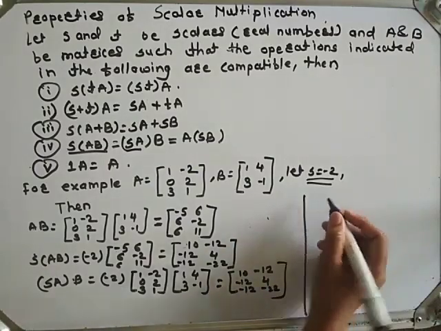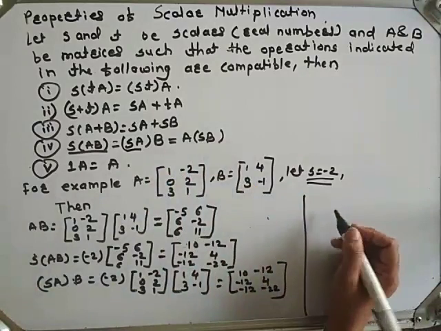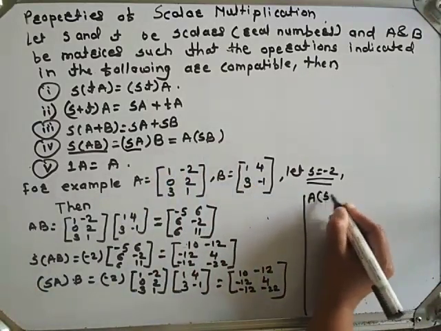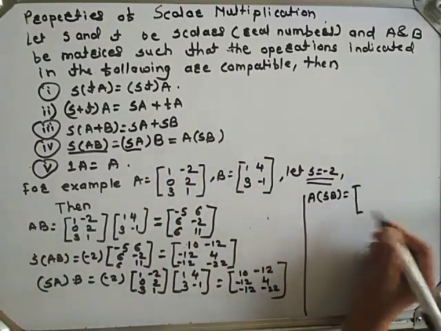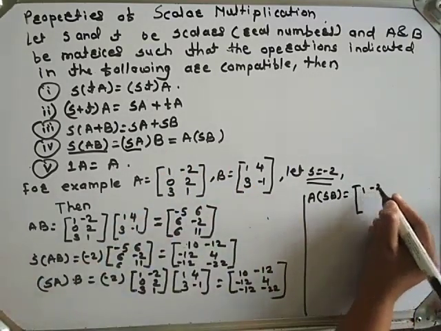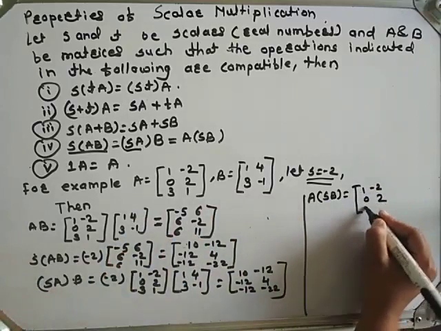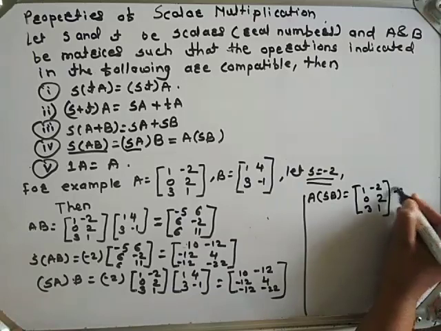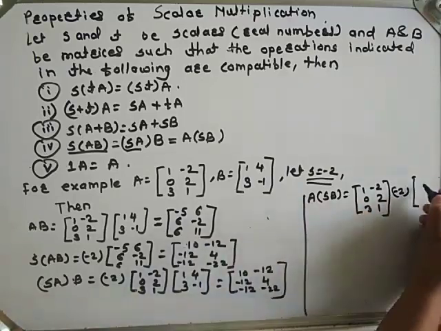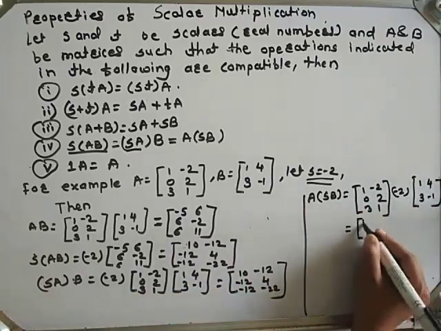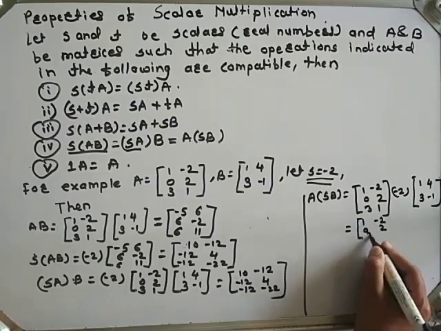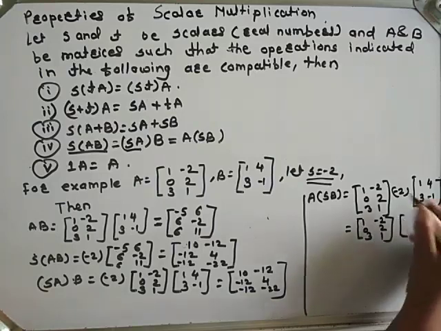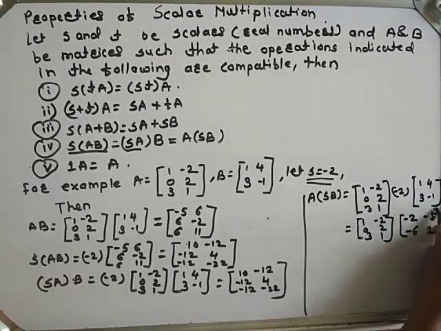Now calculate A into S into B. A into S into B is equal to matrix A, [1 -2; 0 2; 3 1], into S into B. S means -2 into matrix B, [1 4; 3 -1], which is equal to matrix [-2 -8; -6 2].